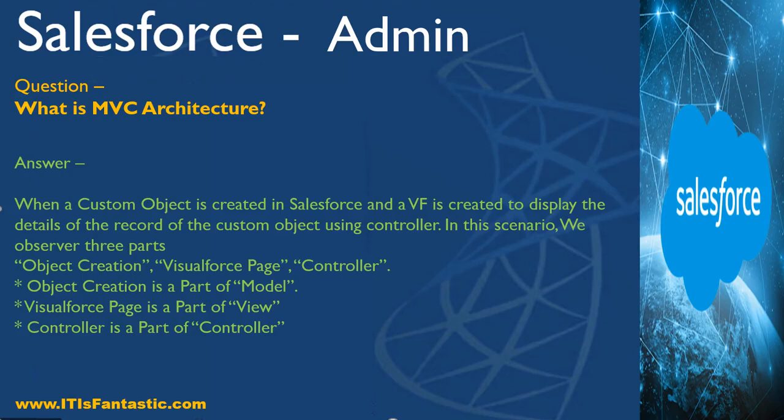That's when a custom object is created in Salesforce and a Visualforce page is created to display the details of the record of the custom object using a controller. And so in this scenario, we observe the three parts: object creation, Visualforce page, controller. The object creation part is the model, the Visualforce page is the view, and the controller part is the controller.